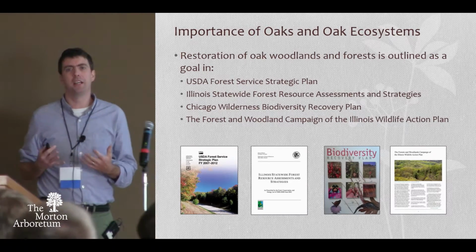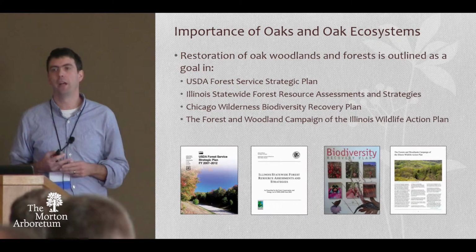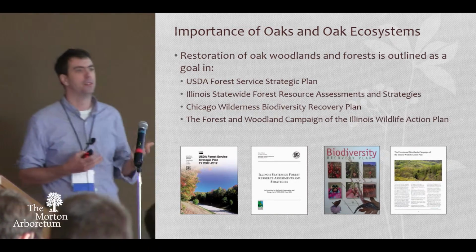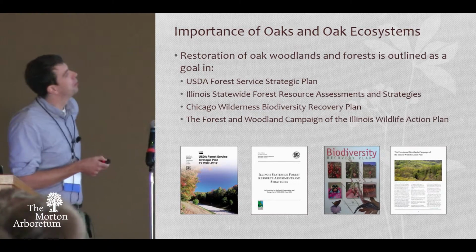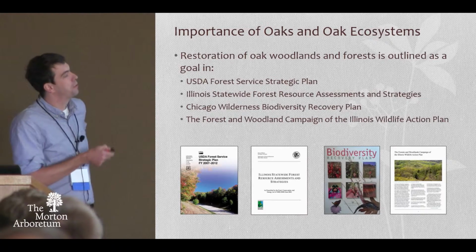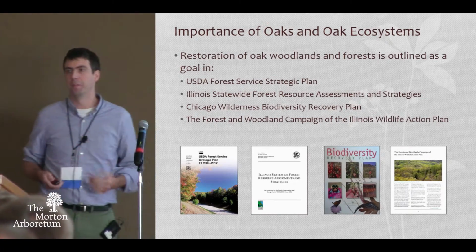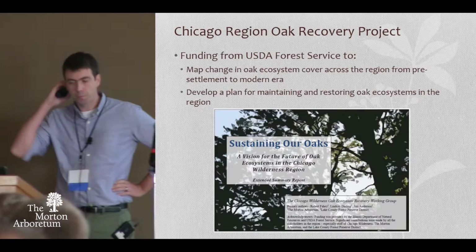And all this has led to a lot of people saying, well, we need to put effort into conserving oaks, sustaining oak populations in the landscape. And all these different plans say, oh, we should do something about oaks in the landscape.